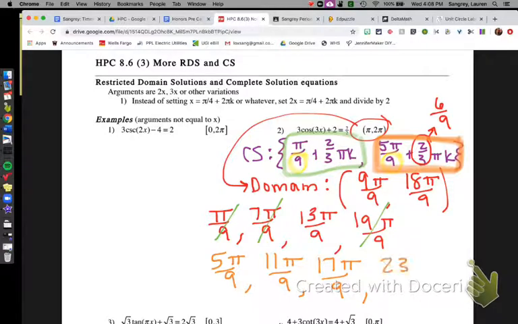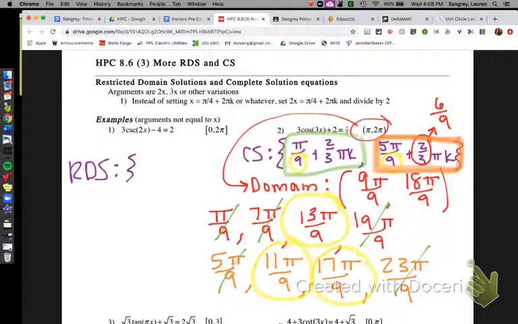And the last one is 23 pi over 9, and I can already tell that I'm out of the domain. So as far as our restricted domain solutions go, it looks like we have 3 that were in the domain. So we can write this out: 13 pi over 9, 11 pi over 9, and 17 pi over 9.